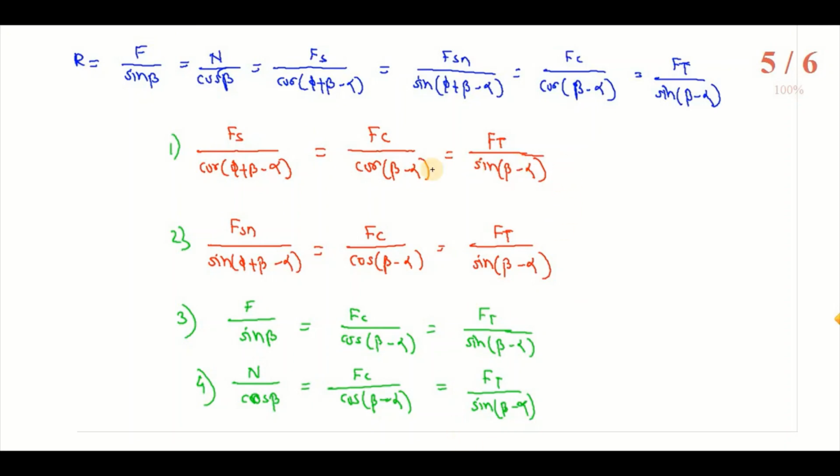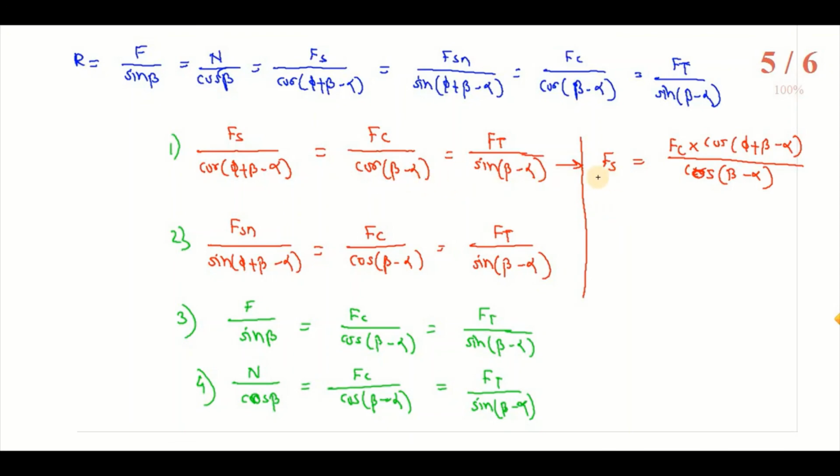Take an example here. If we measure the Fc value, and if we know the friction angle, back rake angle and shear plane angle, then we can find out Fs, which is equal to Fc into cos(phi plus beta minus alpha) upon cos(beta minus alpha).